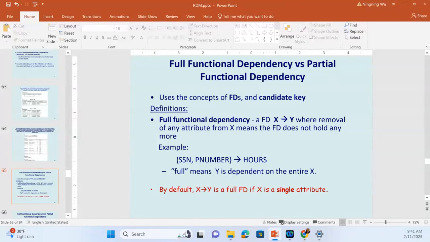In other words, all attributes in X are needed in order to determine Y's value. That's called full.